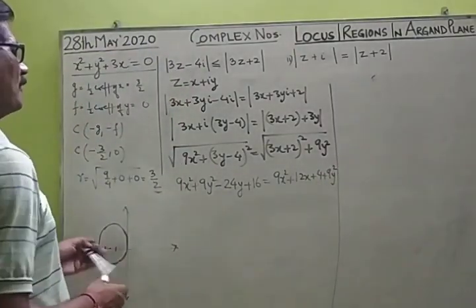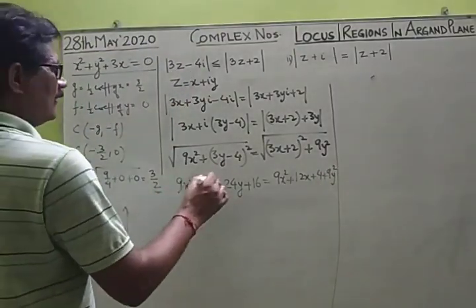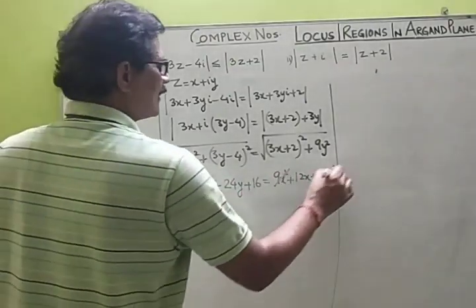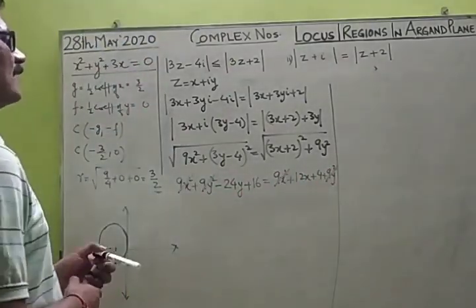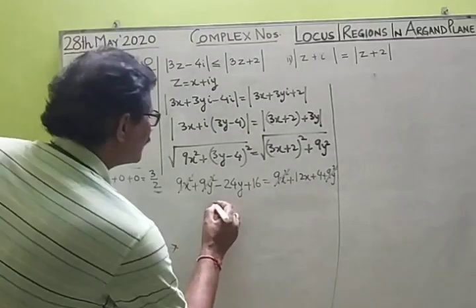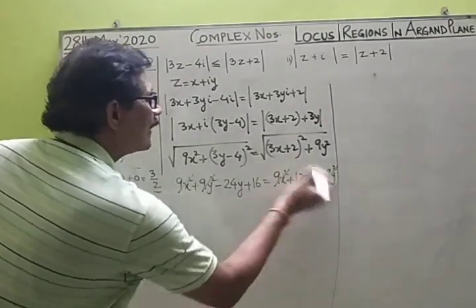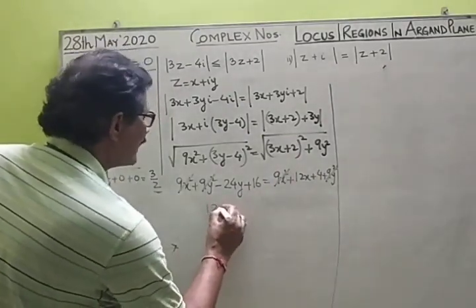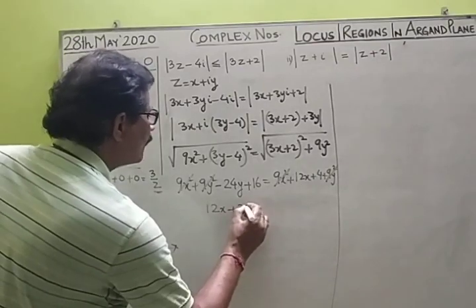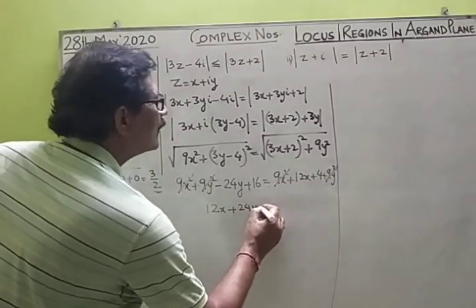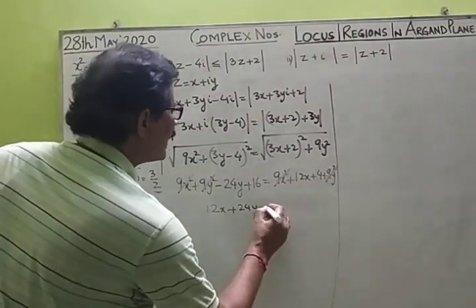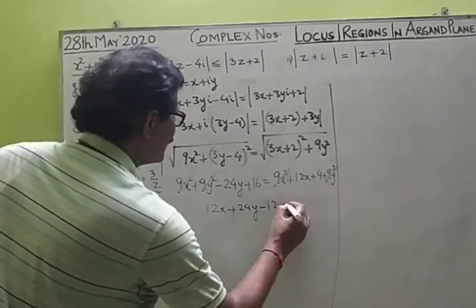Now when we simplify, you see that 9x square and 9y square cancel out here. We get the equation of a straight line in this case, which is, if we shift everything to the right hand side, 12x plus 24y minus 12 is equal to 0.